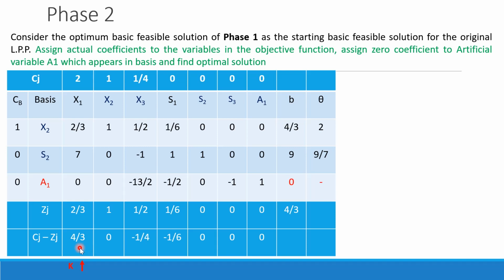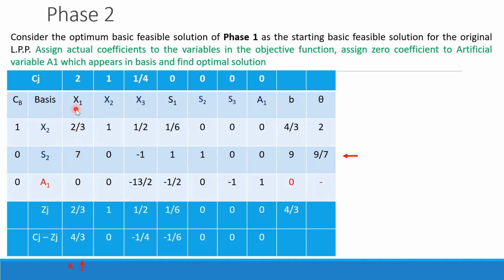But in this particular case, one of the Cj minus Zj is positive, so we select the most positive value of Cj minus Zj for the next iteration. Selecting the least positive theta, we select the key element.